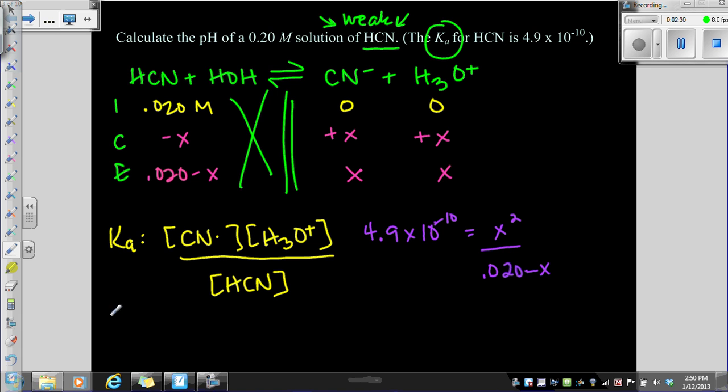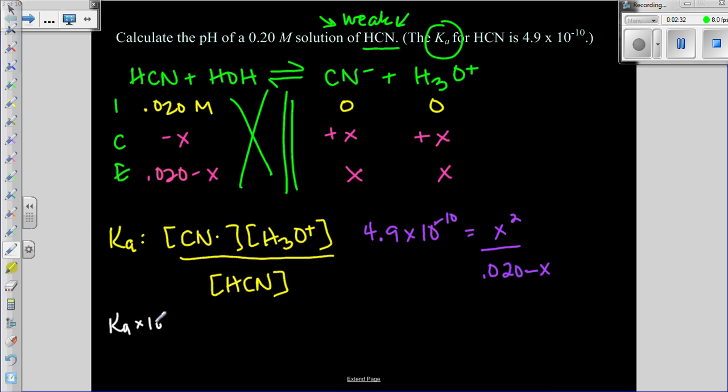So, because my Ka times 100 is less than or equal to the initial HCN concentration, that tells me I can approximate. So that's what I'm going to do.